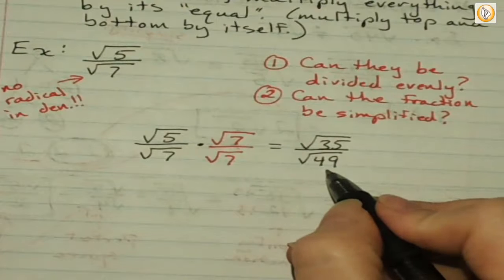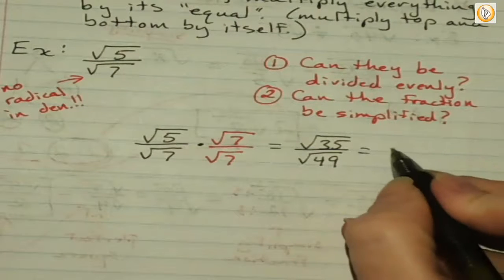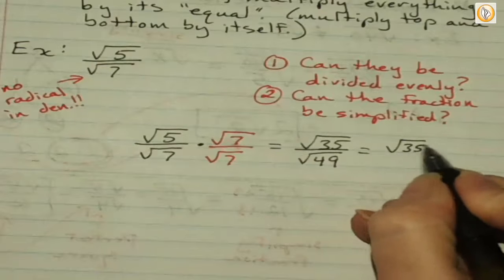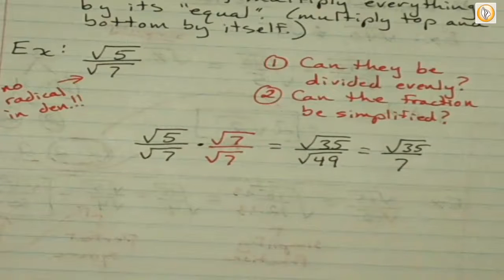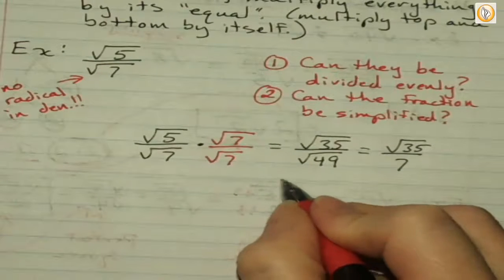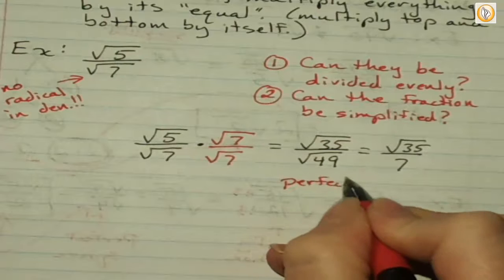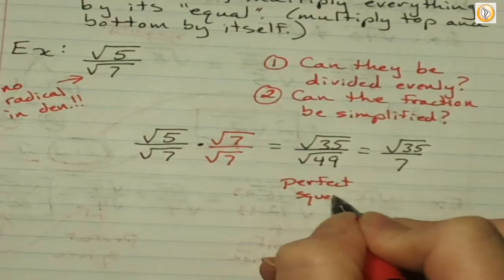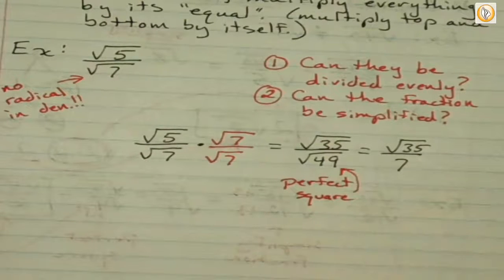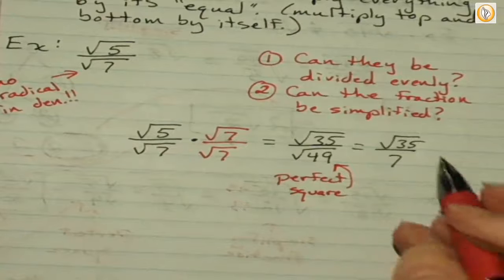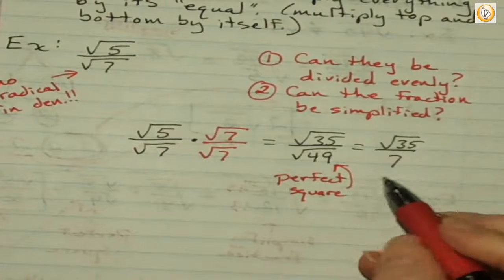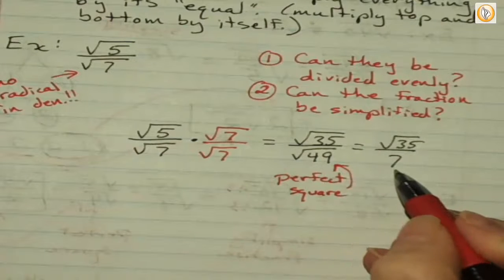Is the square root of 49 a perfect square? Yes. What do you get? 7. Because this is a perfect square now. Oh, that makes sense. Yeah. 35 the same. Now, notice there's no more radical.